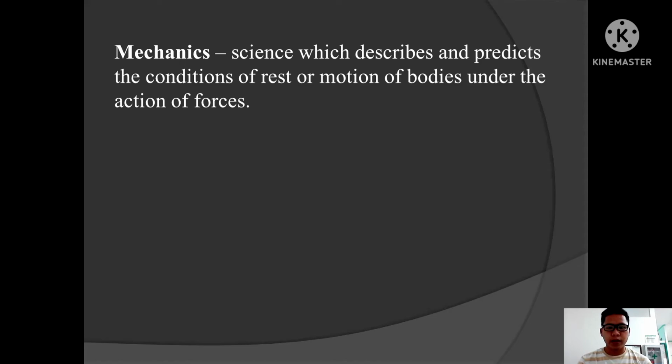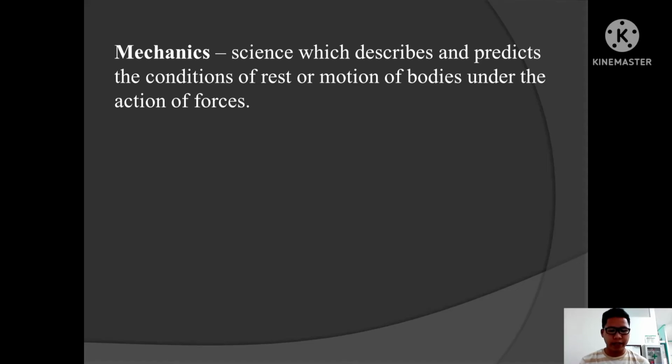For example, the distance it takes for a car going 30 meters per hour to stop. It is understandable that mechanics is the condition of rest or motion, where the car stops, or the distance it takes for a car to stop.